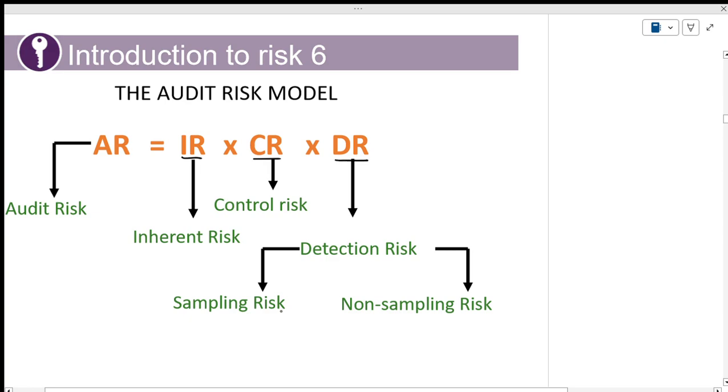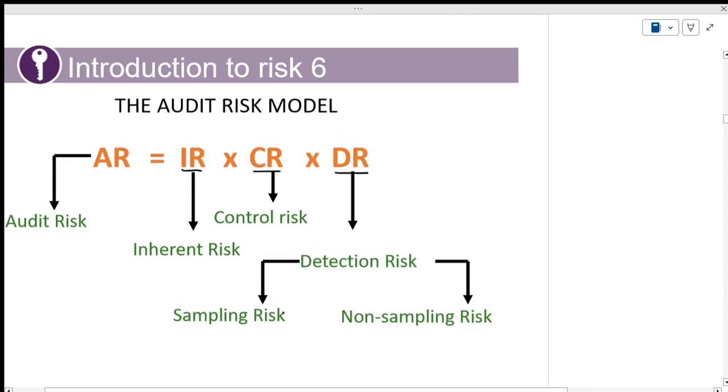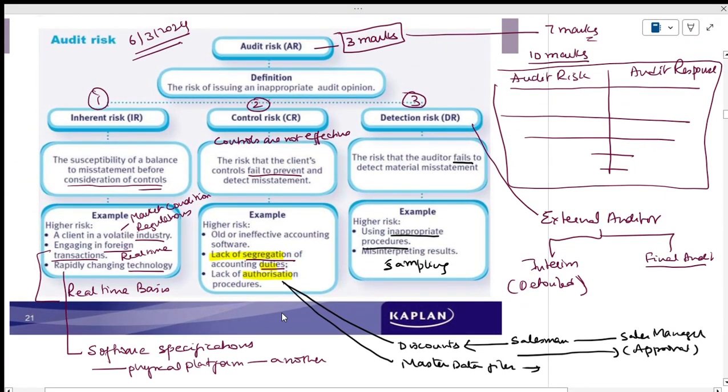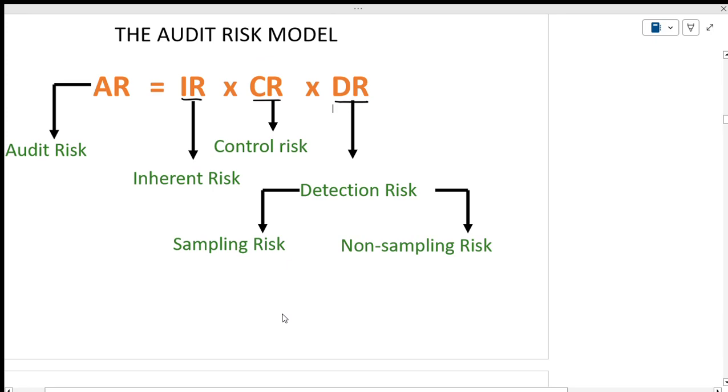What is the detection risk? We have failed to detect any material misstatement. Now assume how it is happening. You have 10,000 transactions to audit. Everything depends on the sampling.